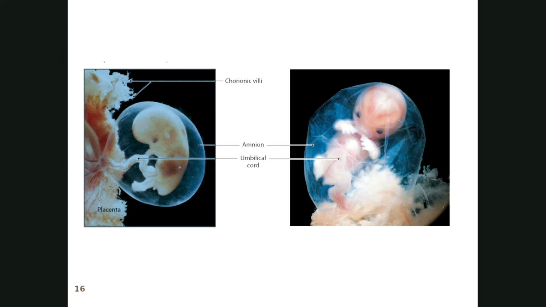At this point we will conclude the third week of development and its overview as far as the formation of different systems is concerned. Later on, different systems form different parts: the cardiovascular system, digestive system, respiratory system, nervous system and how they function, the urinary system and how it functions, and how they start changing their different structures.